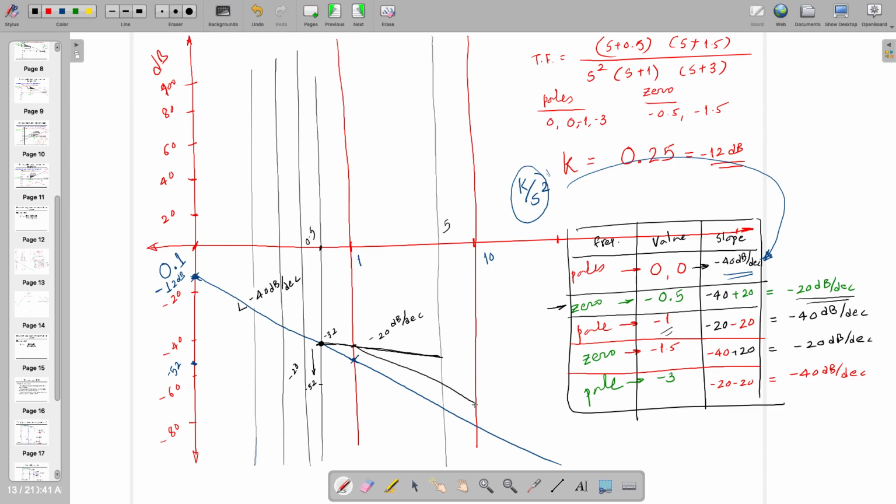Any confusion? On the y-axis we have 0 to minus 20, so when we are plotting minus 12 on the log paper, it might not be that accurate.